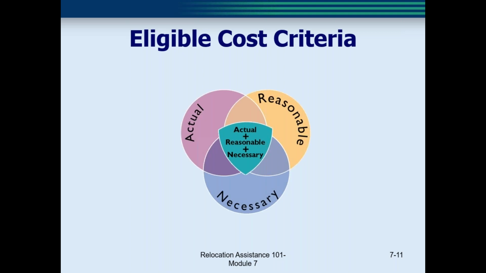So let's look at the third category. How would you assess whether it was necessary for a business owner to incur a particular moving expense? If the incurred reasonable cost is a permissible type of cost, and it directly contributes to or is caused by the move, then it is necessary. For example, if local codes require the installation of safety barriers around a piece of machinery as part of the moving and installation of the machinery, then it's a necessary cost.